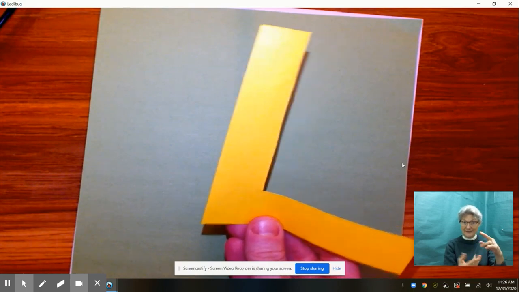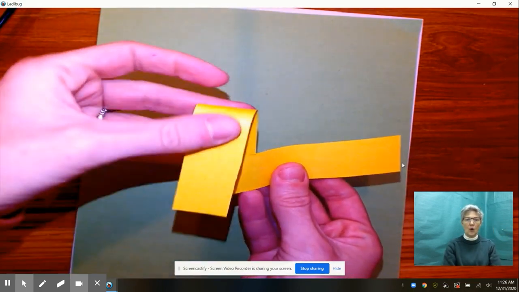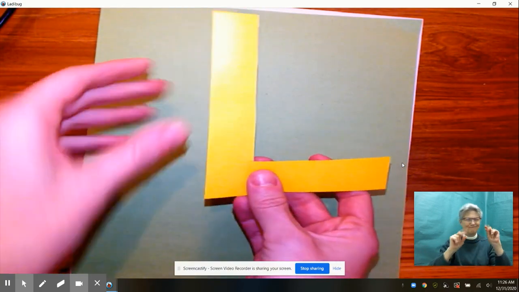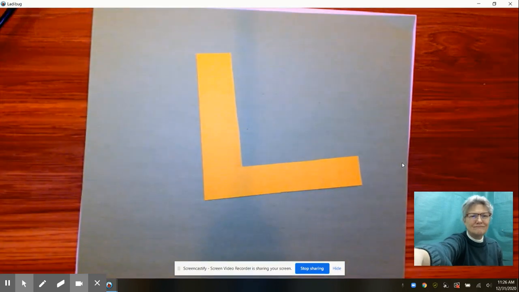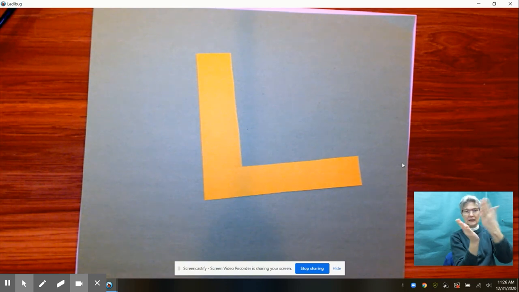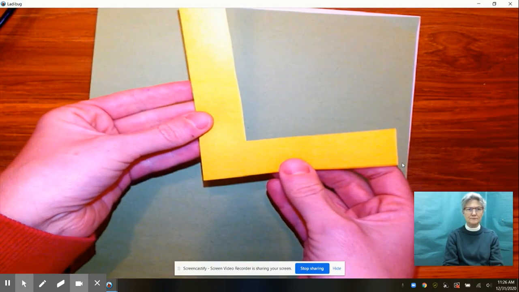Let's try horizontally. Nope, there's no way I can fold this L horizontally to have a line of symmetry. I want you to try vertically and diagonally. See if you can come up with how many lines of symmetry this letter L has. Okay, so let's try this together.